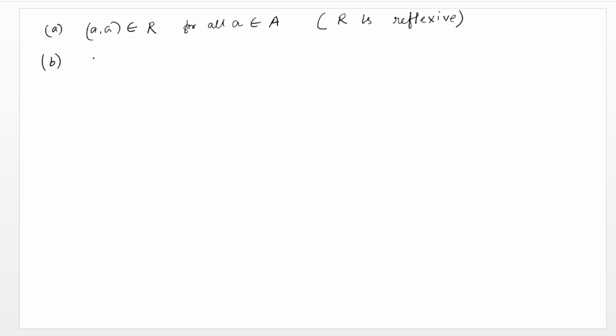Second, if (a, b) belongs to the relation R, then (b, a) also belongs to the relation R. If this property is satisfied, then we call R symmetric.